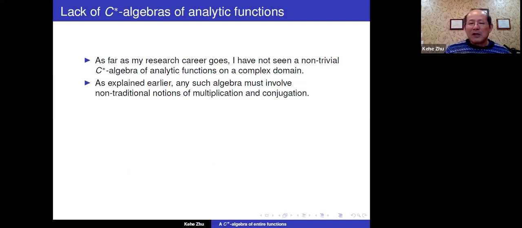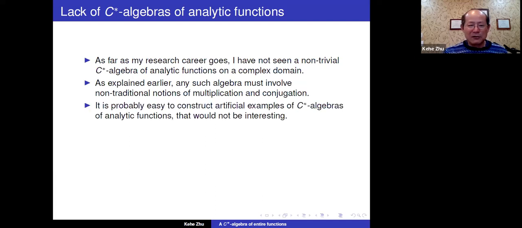So you also need to define multiplication. If the space is not of L infinity type, usually the usual multiplication will not work. If you consider the Bergman space, when you take the product of two Bergman space functions, you're going to get out of the space in general. So multiplication is another thing you have to consider seriously.